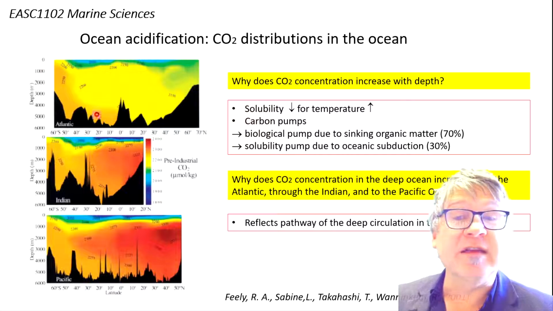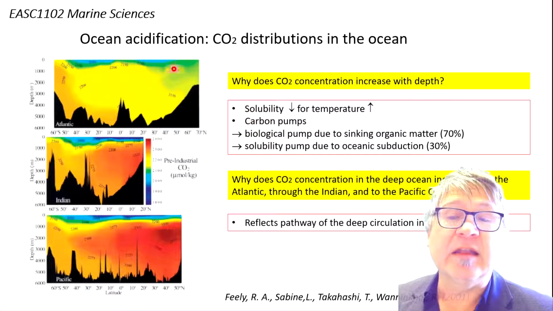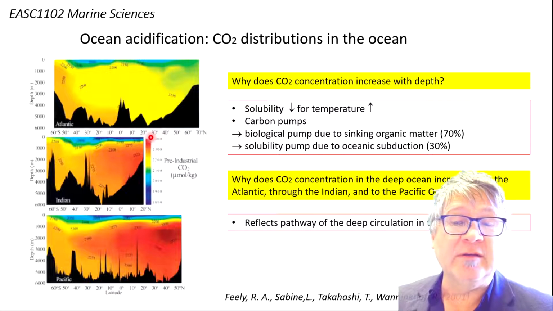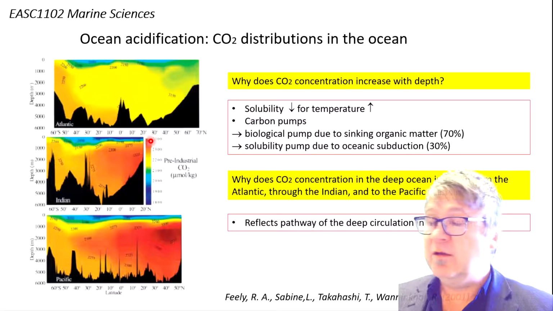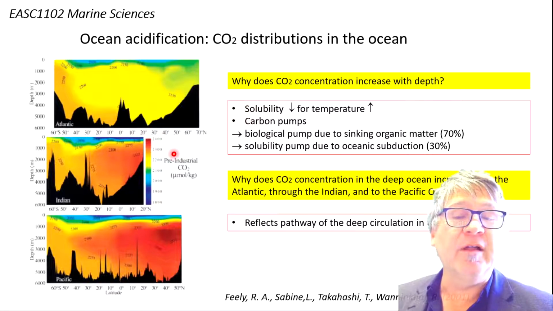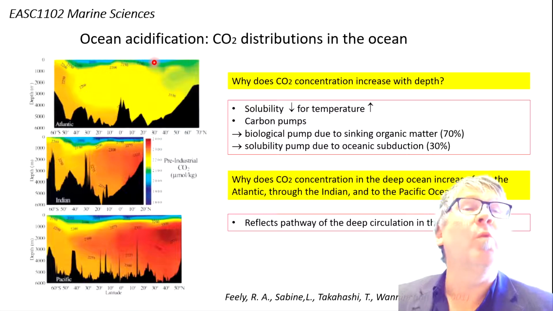And you can see different colors, and the colors are shown here in terms of values. Red corresponds to high values and blue to low values. So what can you see?